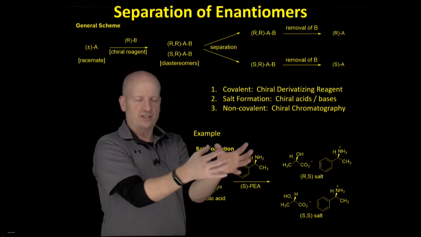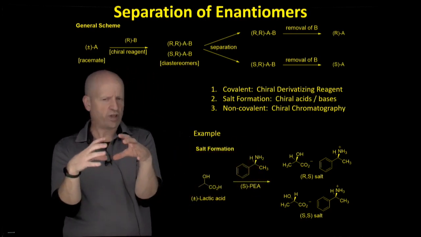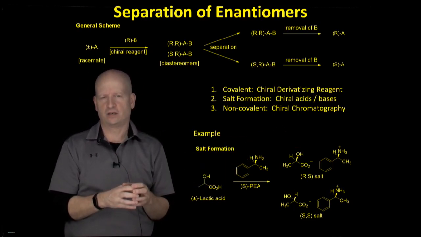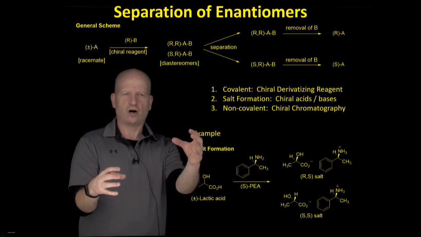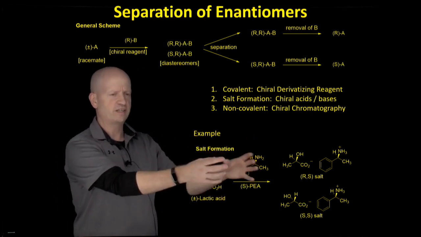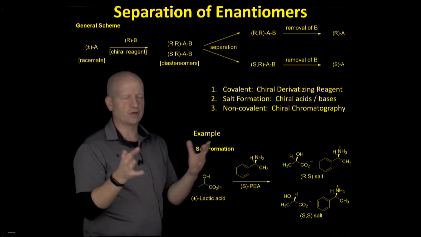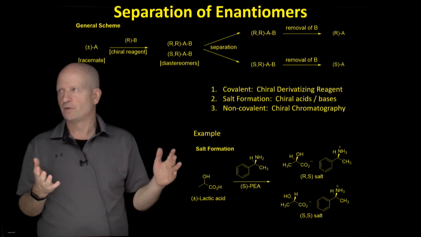There's really no way to make one enantiomer and not the other without having other chiral molecules intervening in that process. So if all of your starting materials, all of your reagents or catalysts are not chiral, there's no way to get one enantiomer in preference to the other. And so it's very common when you go into the lab and make some molecule that you're going to have what's known as a racemic mixture, or the racemate.